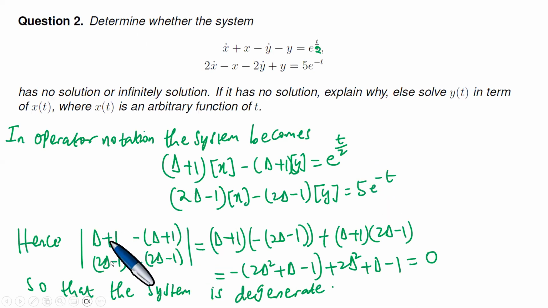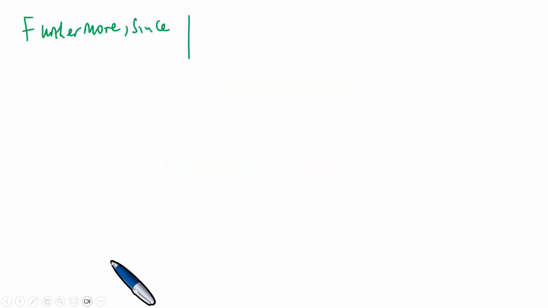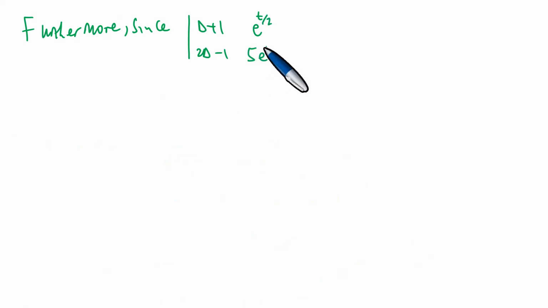So we'd write D plus 1, 2D minus 1. Those functions are e to the t over 2 together with 5e to the minus t.